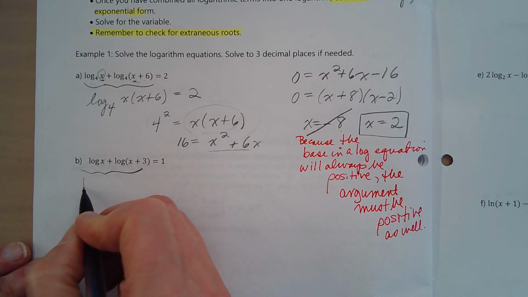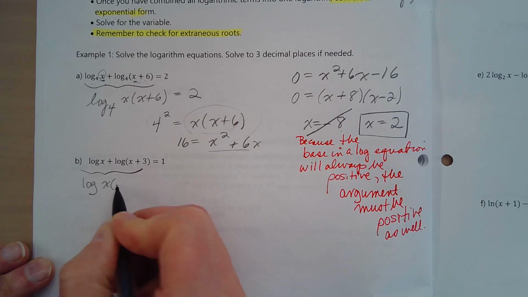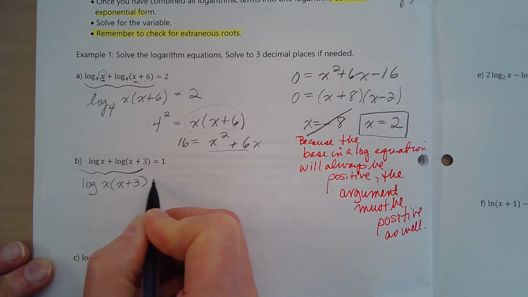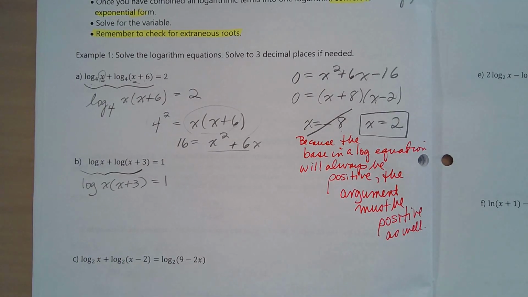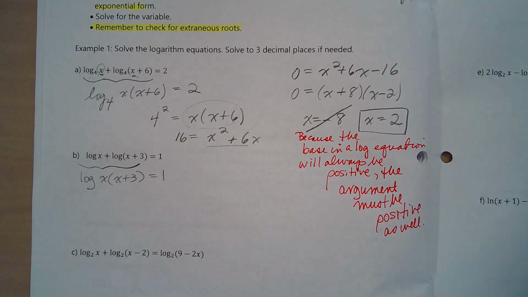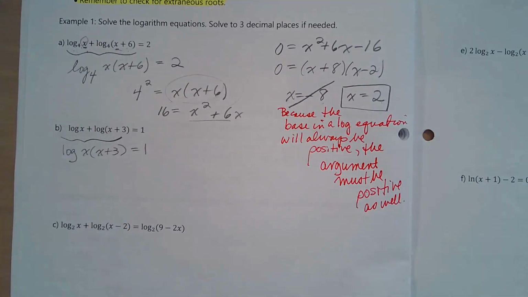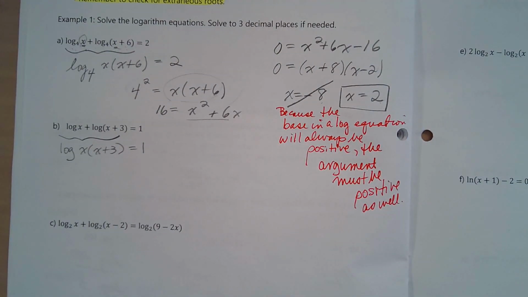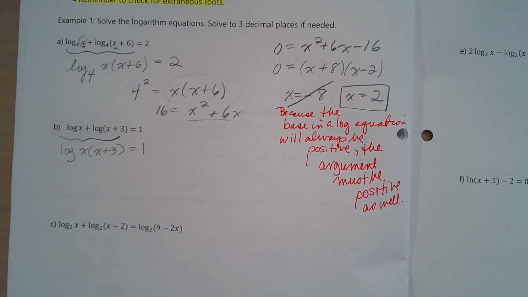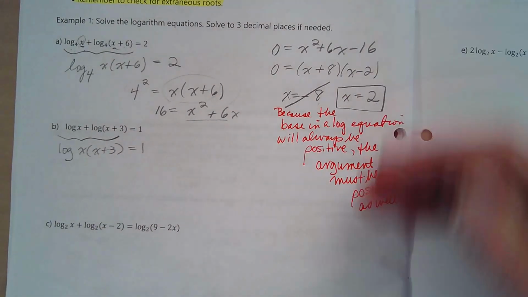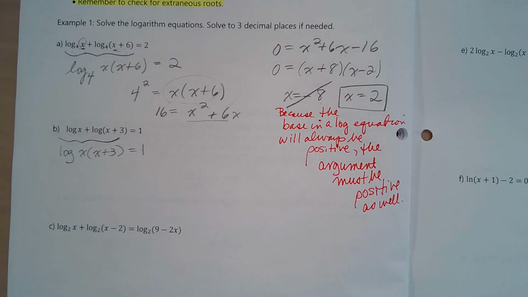So these are addition again. Now, once you have one log represented, write it in exponential form. That gets rid of your logs, and then you should be able to solve the equation.